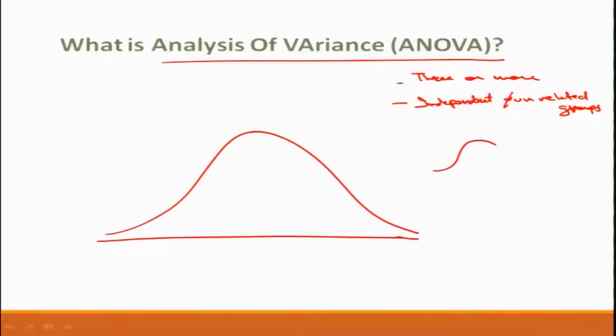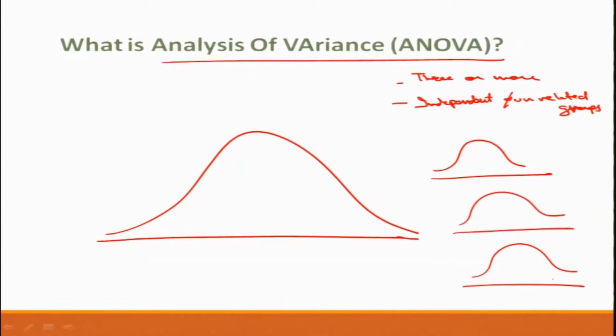Let me say there are 3 small groups, and let me say there are n elements in the population and n1 here, n2 here and n3 here. Then n is equal to n1 plus n2 plus n3.